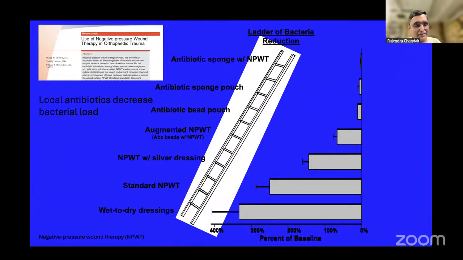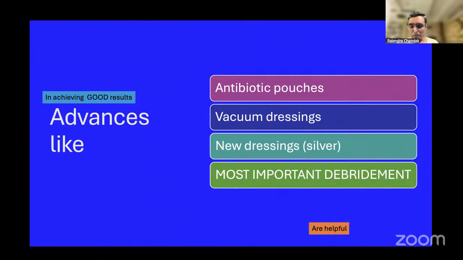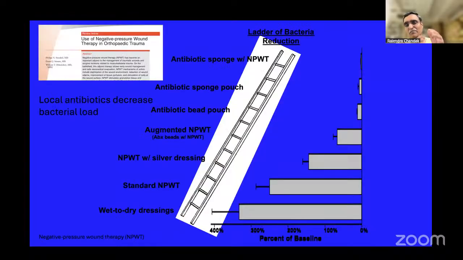This is a very interesting slide which gives us the amount of bacterial control when we use various measures to control the infection. In yesteryear, like in the 70s and 80s, whenever there was an infection after a surgical procedure, it was all open the wound, open a few stitches, and go from wet dressings to dry dressings.